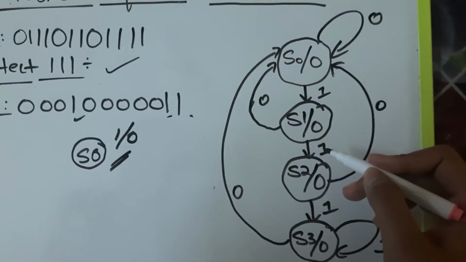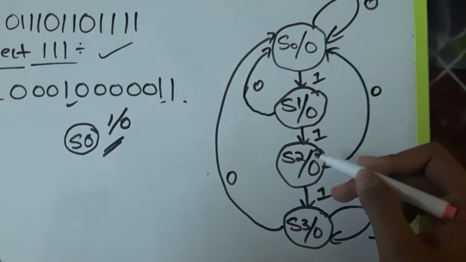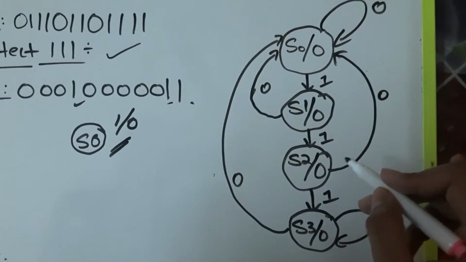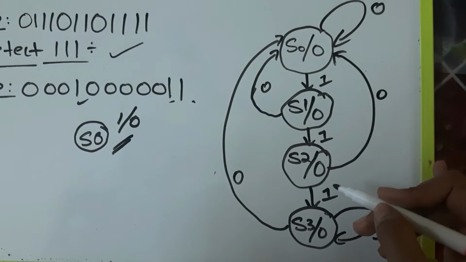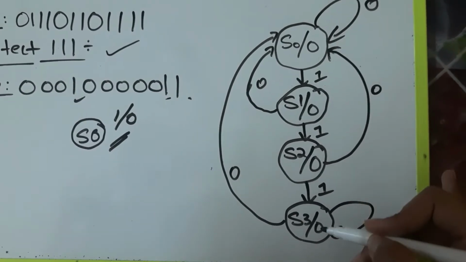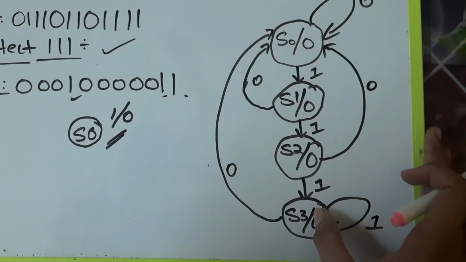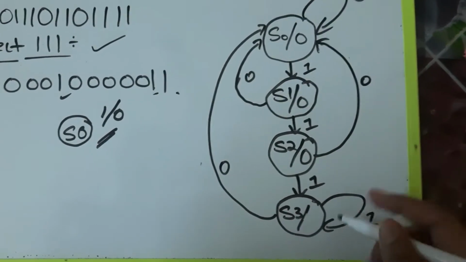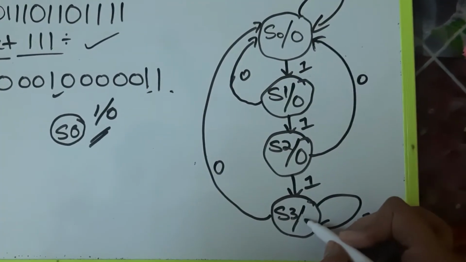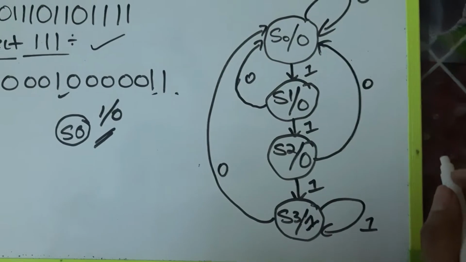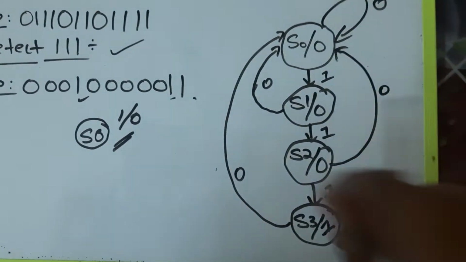Again if the next value is 1, it will go to S2 but my output will still remain 0. And next if my input is 1, it will go to S3 but here you see, sorry, this should be 1. Here you see my output will become 1. So this is how I represent my state.